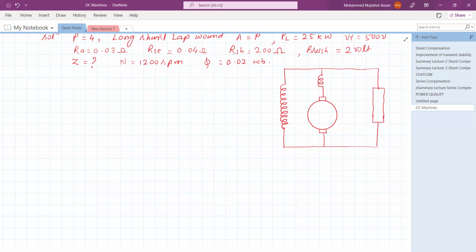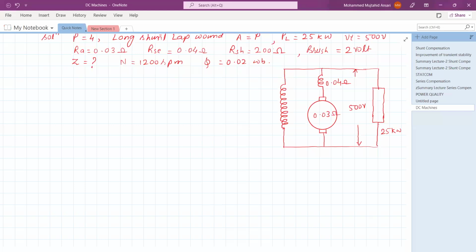What is the load? Load is 25 kilowatt. Terminal voltage is 500 volt. Series field resistance is 0.04 ohm. Armature resistance is 0.03 ohm.